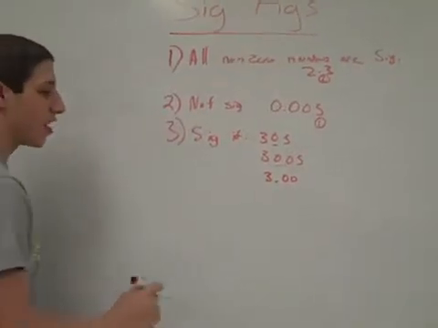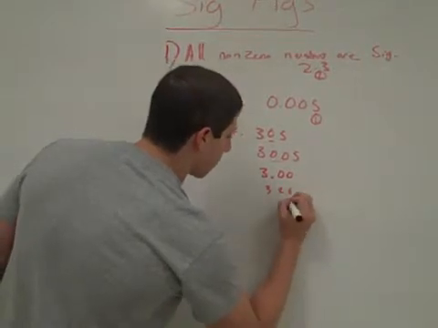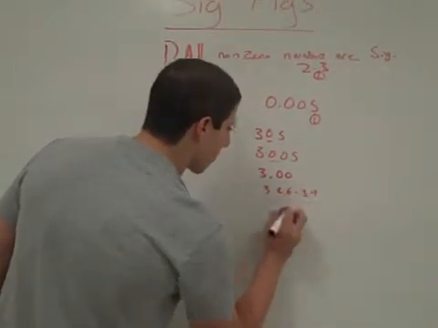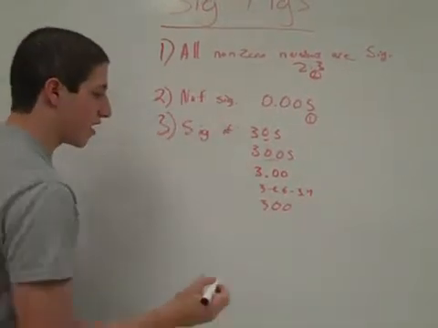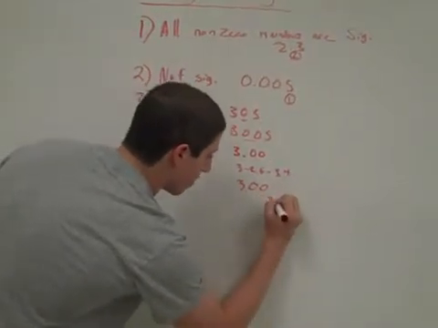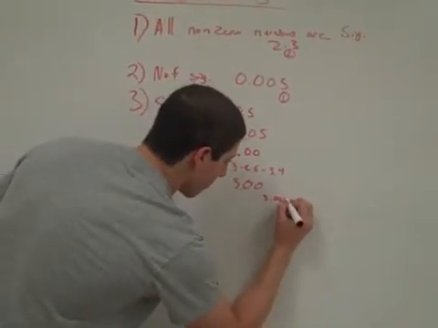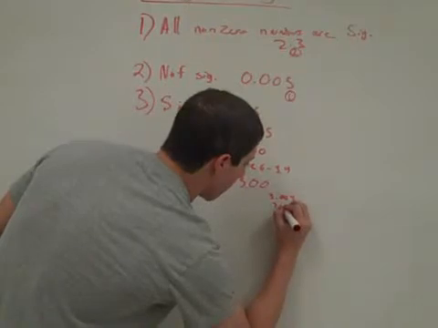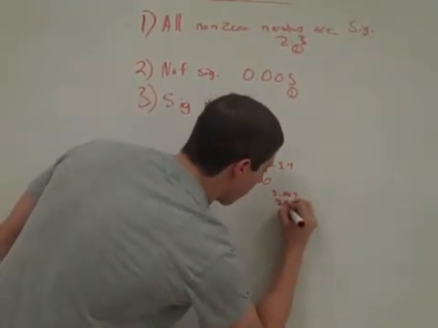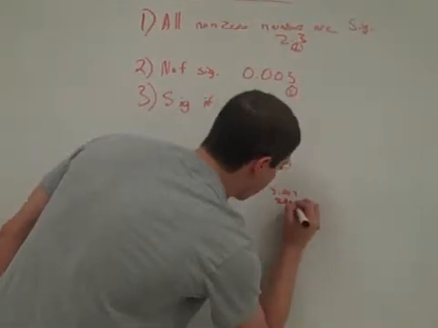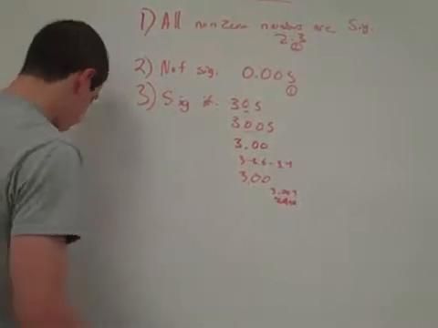This would show that the answer is not just 3, which could be anywhere from 2.6 to 3.4, but 3.00 shows that it is between 3.004 and 2.996. So it shows a much smaller range of numbers that can be in between.